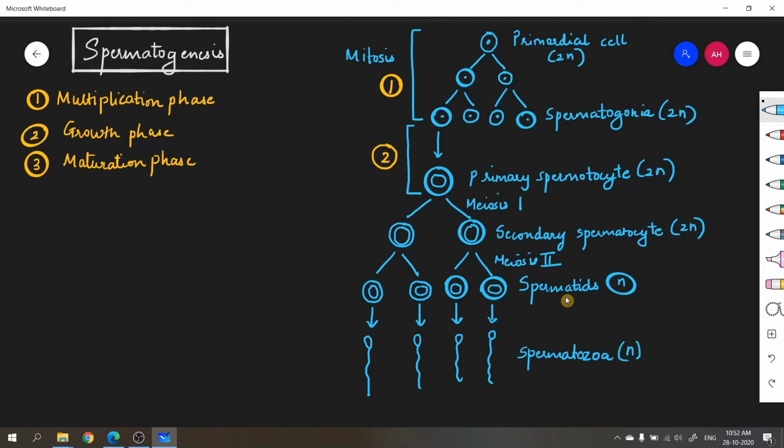And the process of formation of spermatozoa from the spermatids is called spermiogenesis. I'm going to write that here, spermiogenesis. And this entire phase, right from where the meiotic division starts, that will be counted as your maturation phase. Let me show that here in yellow color so that it will be easier for you to identify the 3 phases. Alright, so that was all about spermatogenesis.